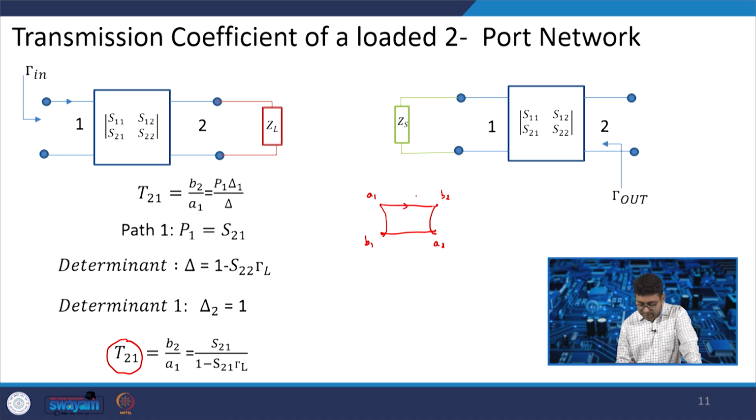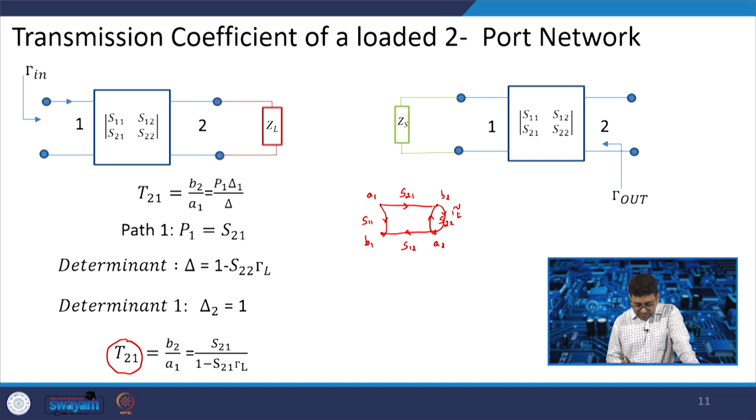Always the signal will travel from A to B. This is S21, S12, S11, S22, and because there is a load, you should consider gamma L.